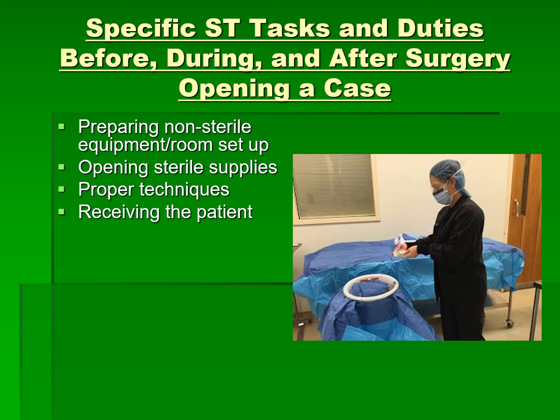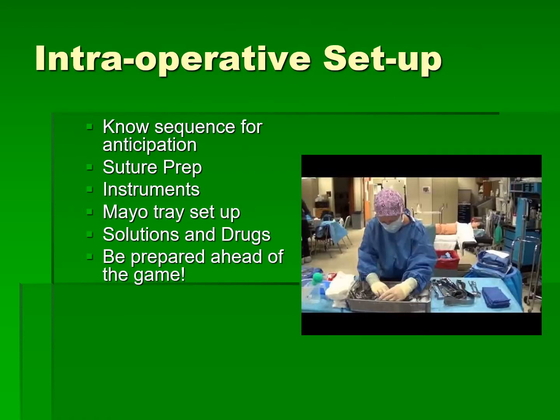And then that's when we're going to perform our timeout. All right, once the timeout has been performed, then that is when we're going to go ahead and pass the scalpel or pass the marking pin, pass the local anesthetic, whatever the surgeon needs to get started with, all right?